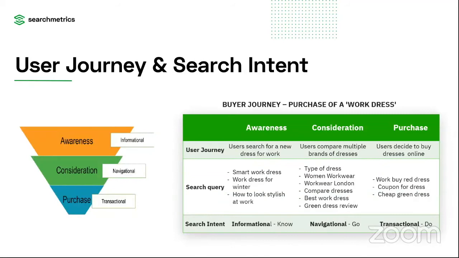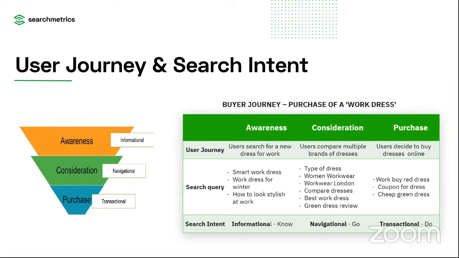And then as you can see, the actual search intent is really linked to the user journey of someone who wants to buy a dress. Sorry, I like fashion, so it tends to be here as a topic to discuss.